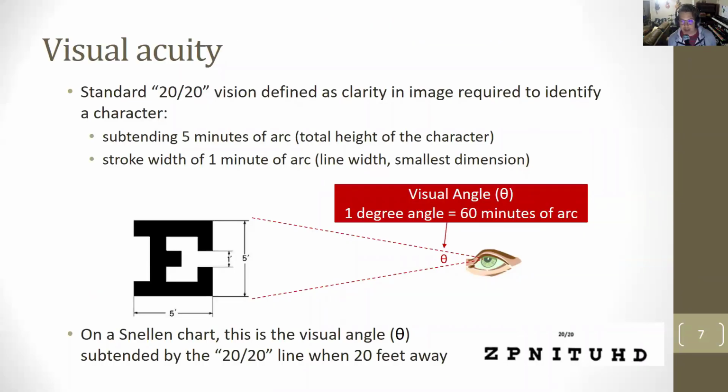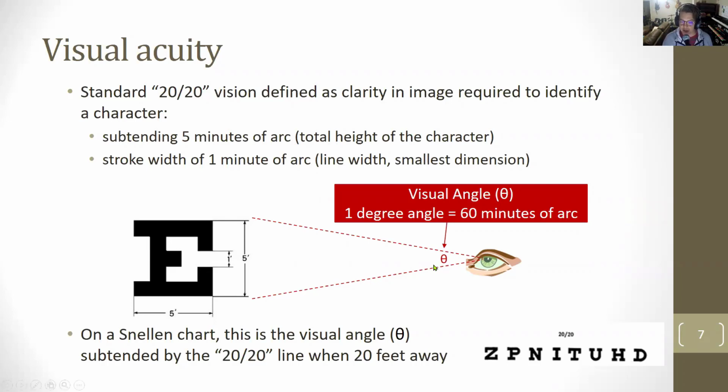Okay, so visual acuity. In everything we're going to talk about in this class, acuity is always expressed as 20/20, 20 over another number. It's formally defined as the ability to resolve detail, and it's typically associated with how much visual angle the object you're trying to see and recognize subtends.